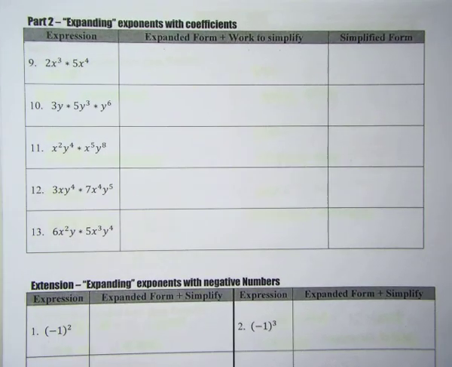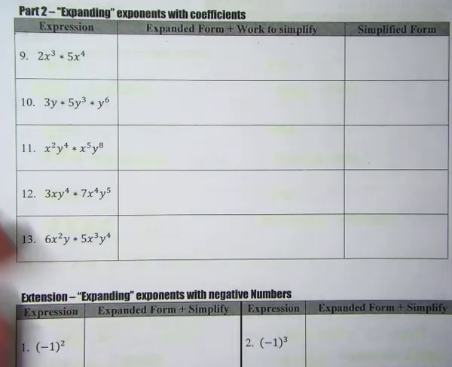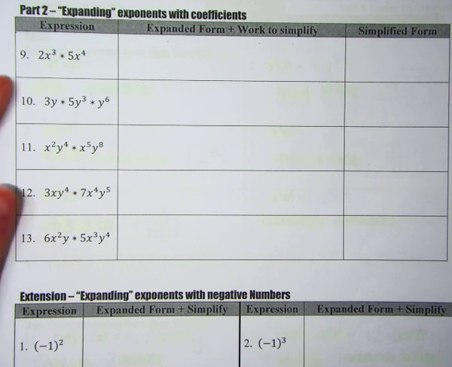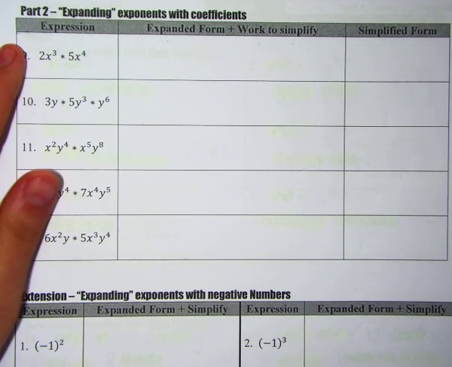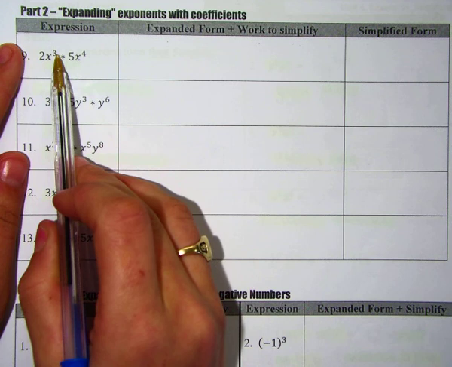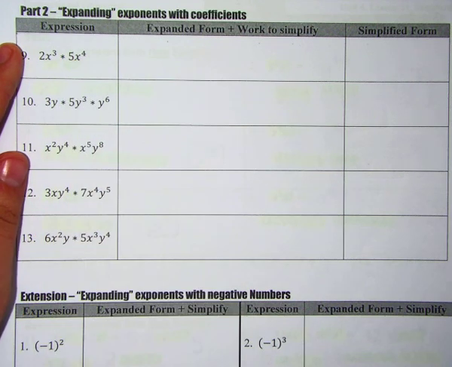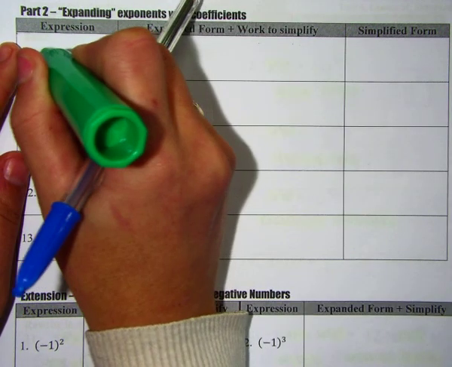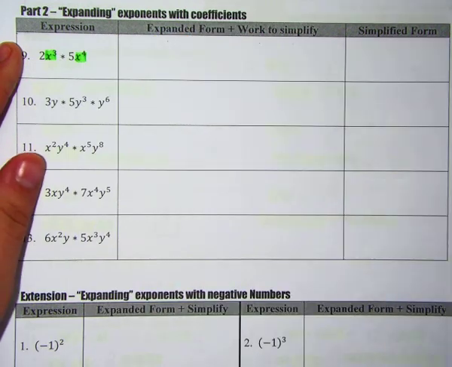Now, we're going to be doing things that are a little bit more difficult. They'll have coefficients. So here, for example, this is 2 times x to the third power times 5 times x to the fourth power. I'm going to start highlighting letters that are the same color.